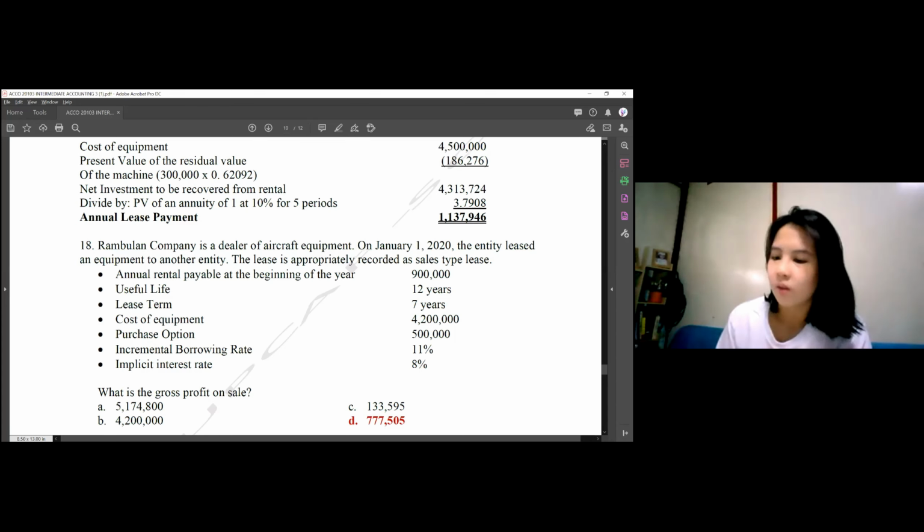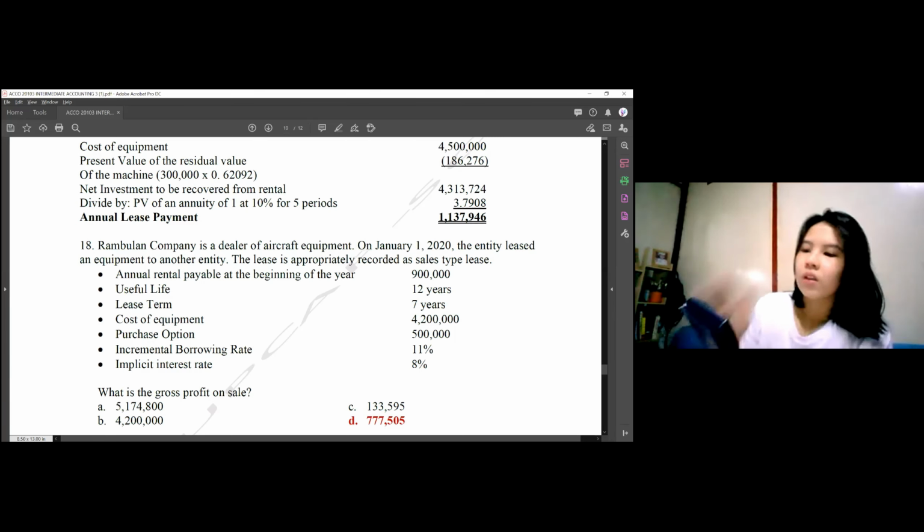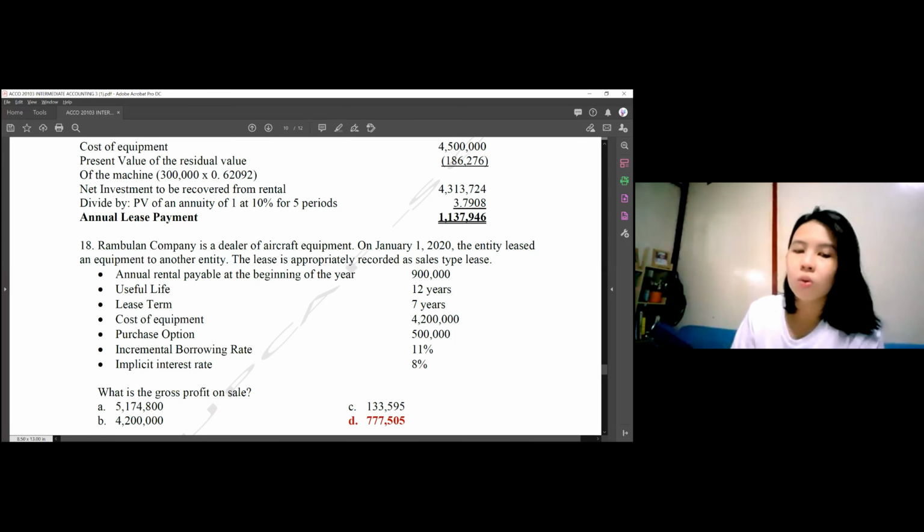Kunin ulit natin yung 1.08 raised to -7. We'll get the present value factor of 0.58349, rounded to the nearest 5 decimal places. Okay? Nakuha na natin yung PVF. So, multiply lang natin siya by 500,000.